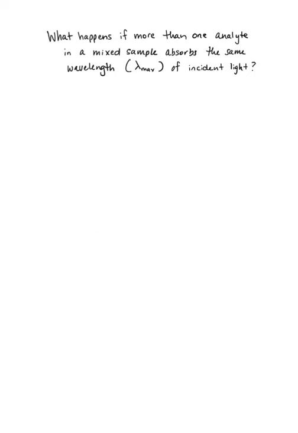So, to round off this section on spectroscopy, let's discuss what happens if more than one analyte in a mixed sample that we're analyzing has the ability to absorb the same wavelength that we call lambda max of incident light.